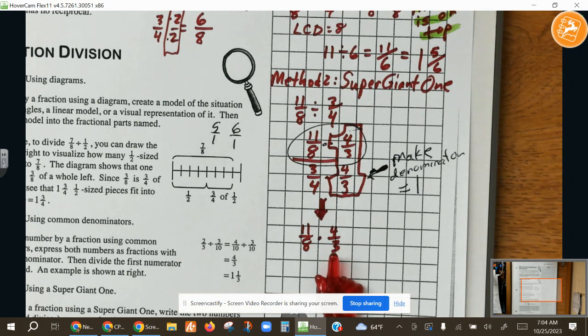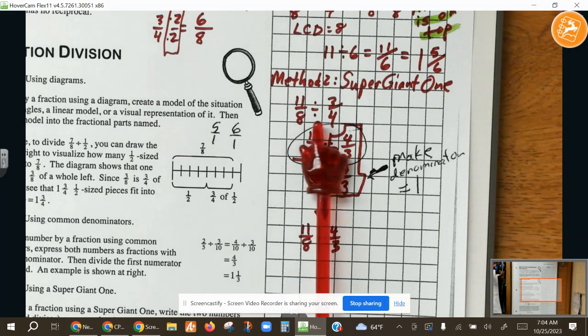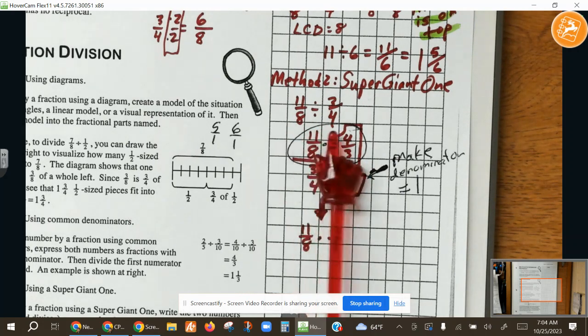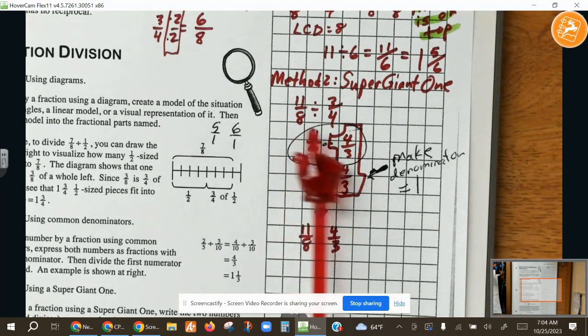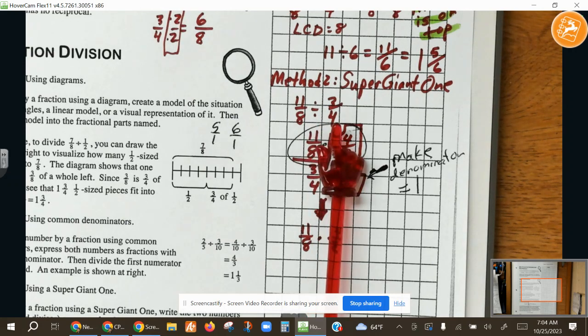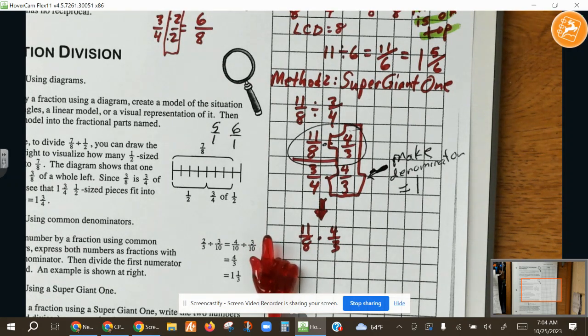Okay, now what your teachers may or may not have told you is by doing same, change, flip, or keep, change, flip, you're not really following any mathematical properties. Just by arbitrarily changing a division sign to a multiplication sign, there's no property that says you can do that unless you're multiplying by the reciprocal. And then making that reciprocal, changing that number again.